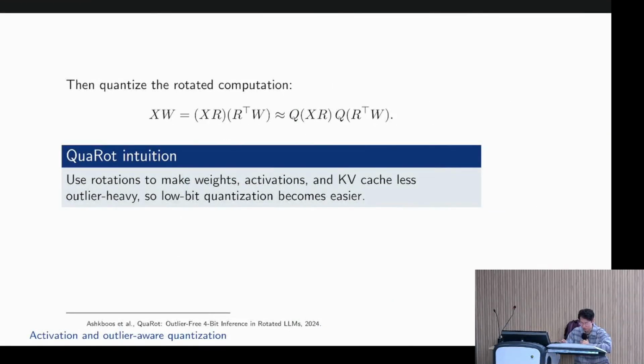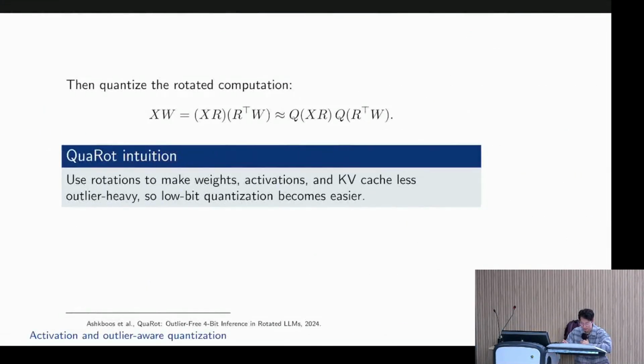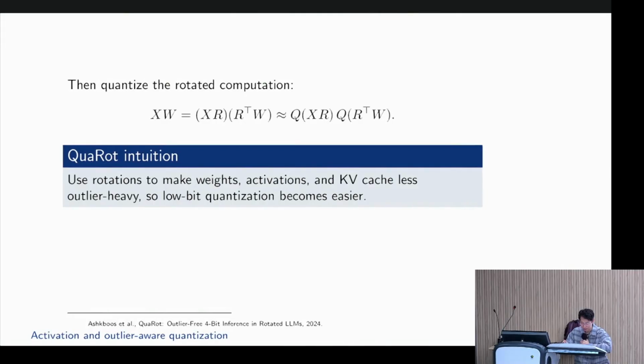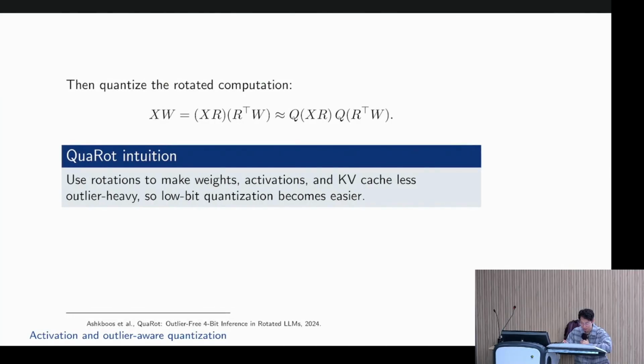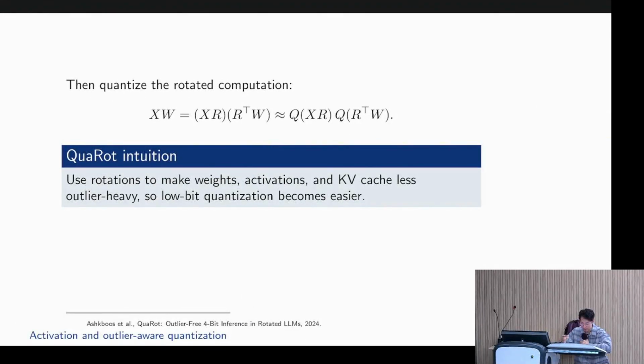And just to go through this, this is the orthogonal rotation matrix, and this is our linear layer, x times W. If you do xR times R transpose W, because they're orthogonal, these are identical.